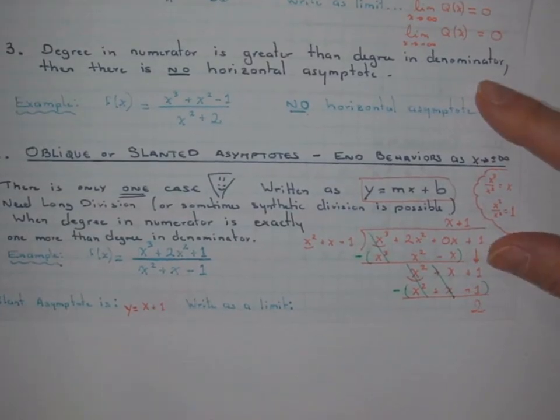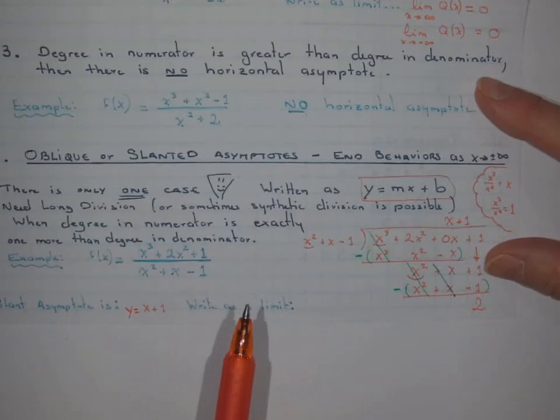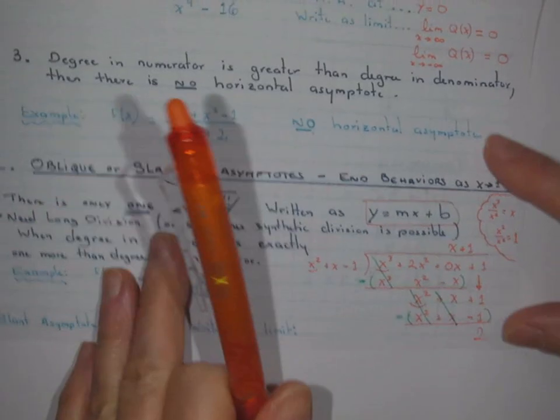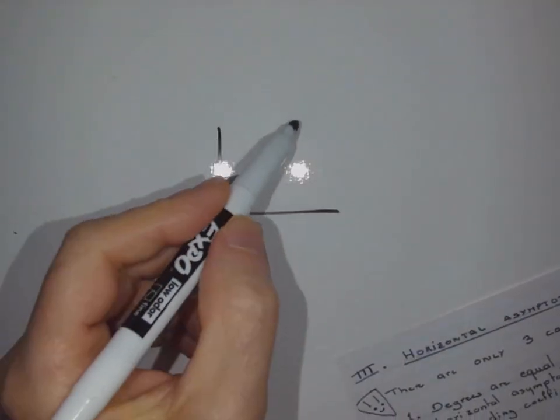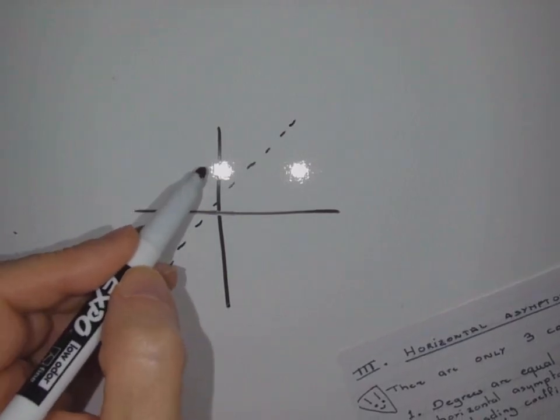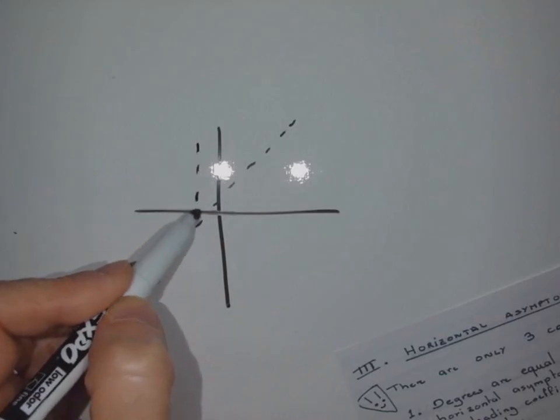Because we know we're going to go to an infinity, because a slant asymptote is going to take my graph, no matter where it is, my graph. So let's imagine I have a vertical asymptote here, and this will be my graph here, and maybe here, right?